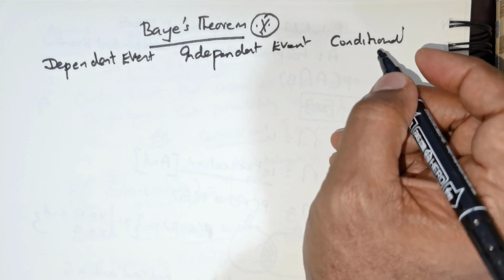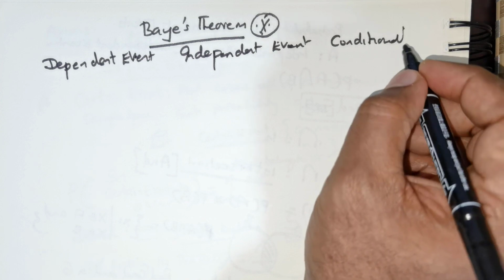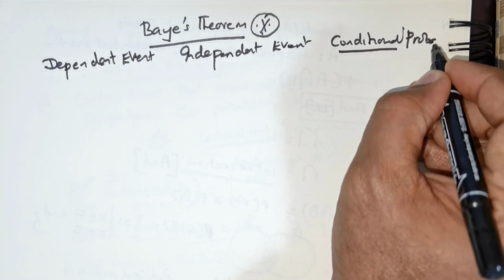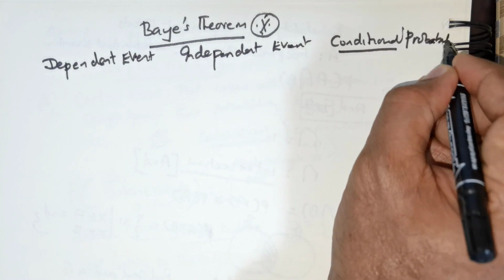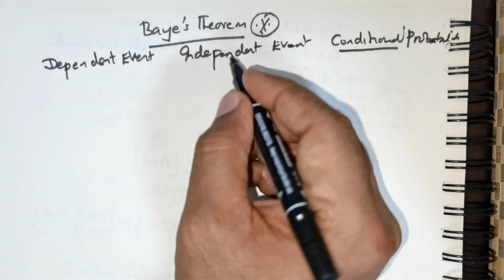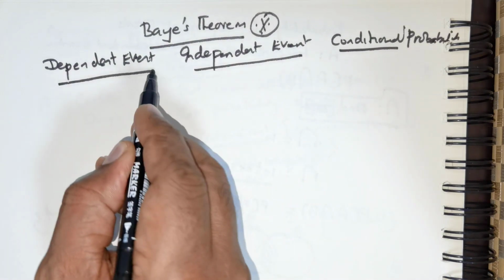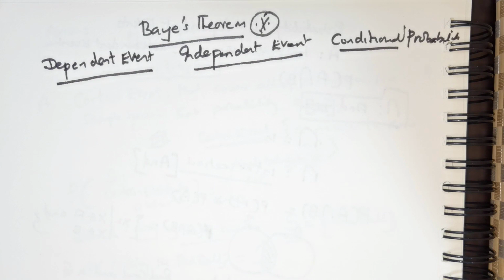Probably you can use the term probability in all of these cases. So in this case I would be interested in the conditional probability, the probability associated with an independent event, and the probability associated with the dependent event. So that is my main focus here.